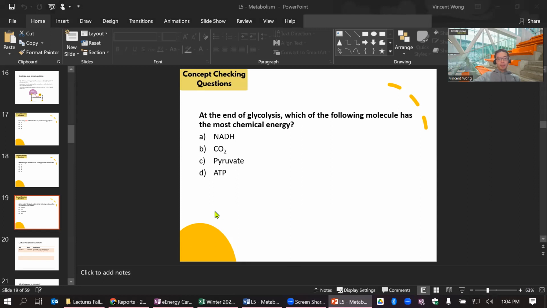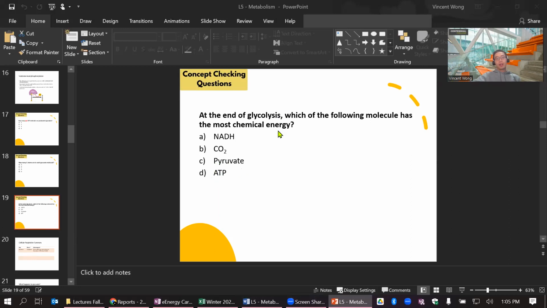All right. So a lot of people chose ATP. That's what happened to my other class too when I did it in person with them. The correct answer is actually pyruvate, right? So I know why you choose ATP. You're like, oh, ATP, that's the energy molecule, right? And we generated some ATP, so of course it has the most chemical energy. But don't forget, in cellular respiration, we are making a total of 36 ATP.